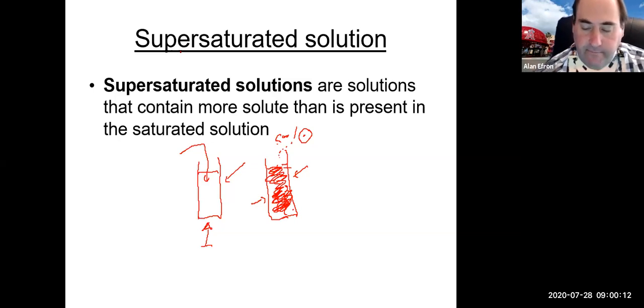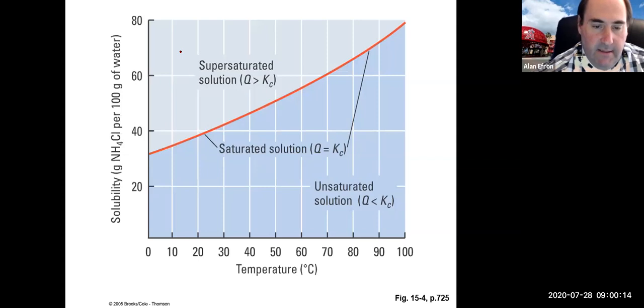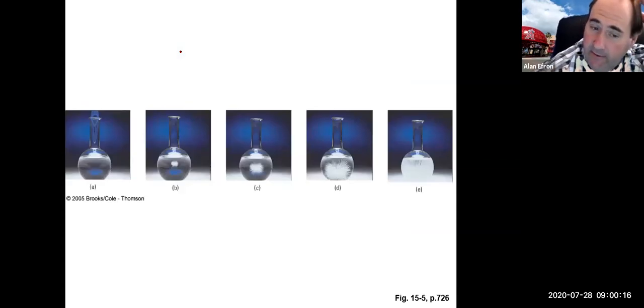And that's what's shown here. What we have here is actually a supersaturated solution of sodium acetate. You can maybe pick it out, but you can see it's a solution here, again, made by making a saturated solution, heating it up to get a lot more solid dissolved, and then slowly letting it cool back down by itself. Now what we have here in the first picture is an unstable, supersaturated solution.